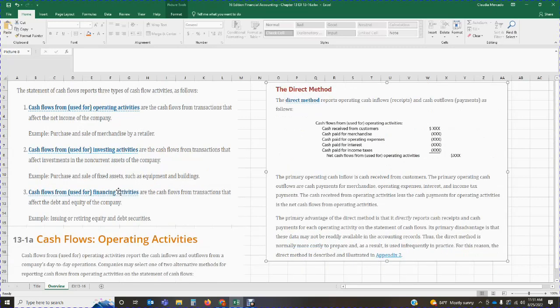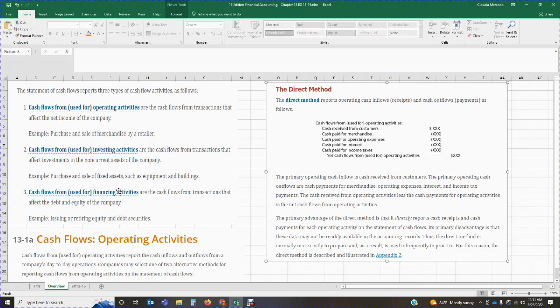Okay, so the direct method reports operating cash inflows, which is your receipts, the money that you receive, and the cash outflows, any payments made, as follows. We always begin with our cash received from customers. We subtract cash paid for merchandise. We deduct cash paid for operating expenses.